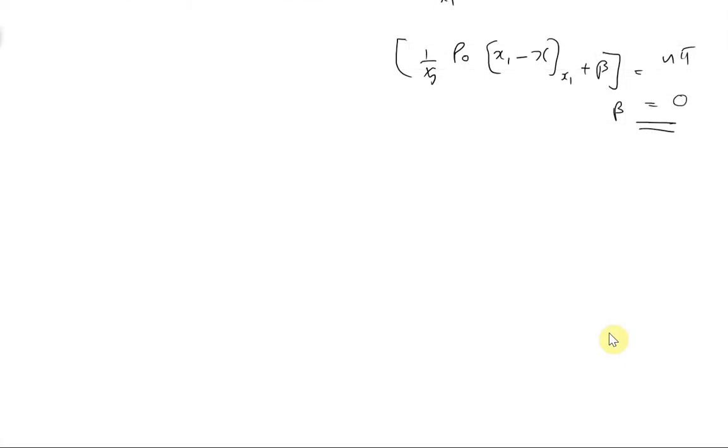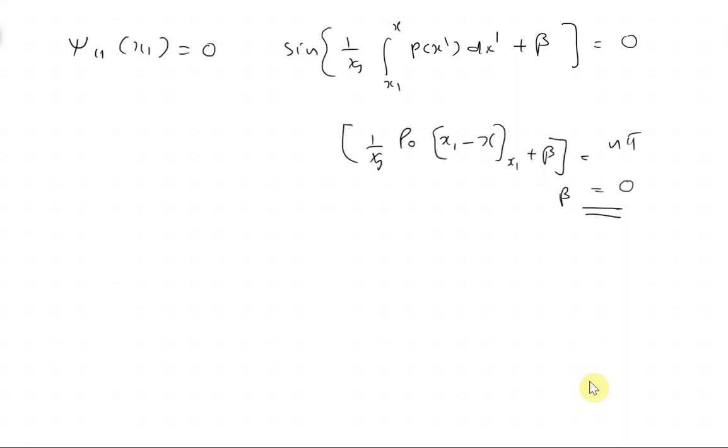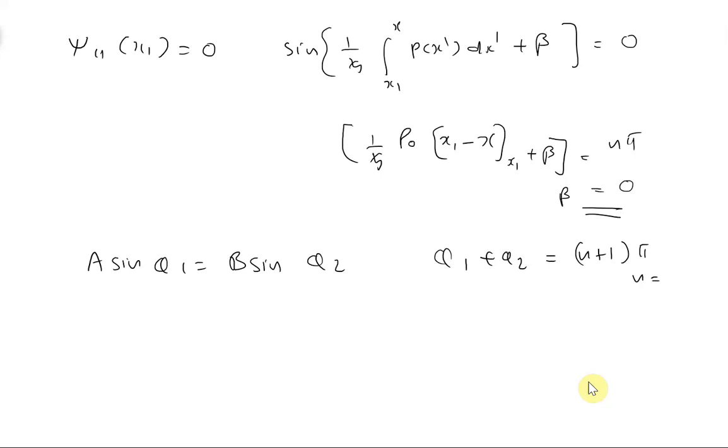Whenever we have something like a sine theta 1 equal to b sine theta 2, theta 1 plus theta 2 equals n plus 1 pi, if n is starting from 0, 1, 2, etc. And the amplitude connection also, you know, let's not worry about that now.